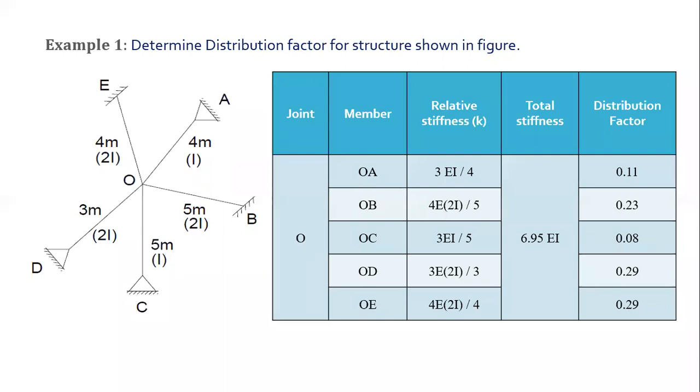Neil, why multiply by 200? Okay, fine. I'll tell you. Suppose this is a joint O and it is subjected to a moment of say 200, then I need to figure out how the 200 is going to be distributed to each member. So in what proportion is the 200 going to distribute?